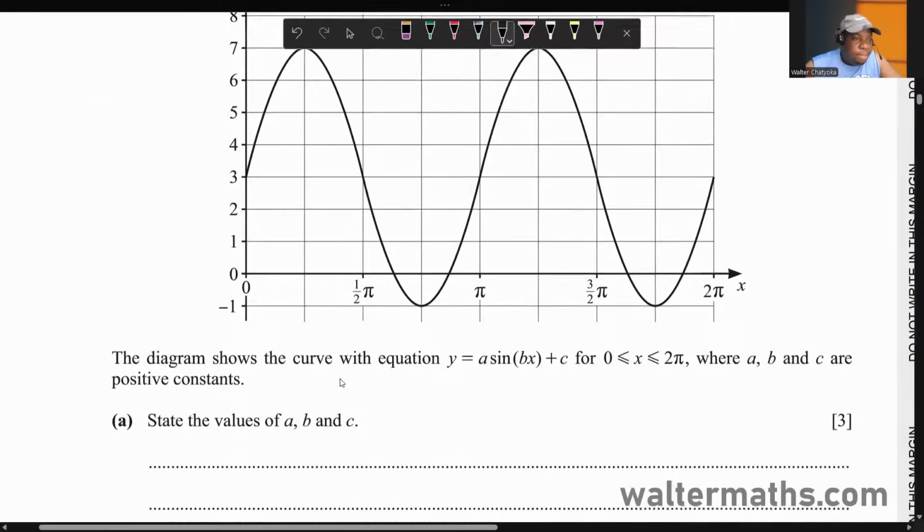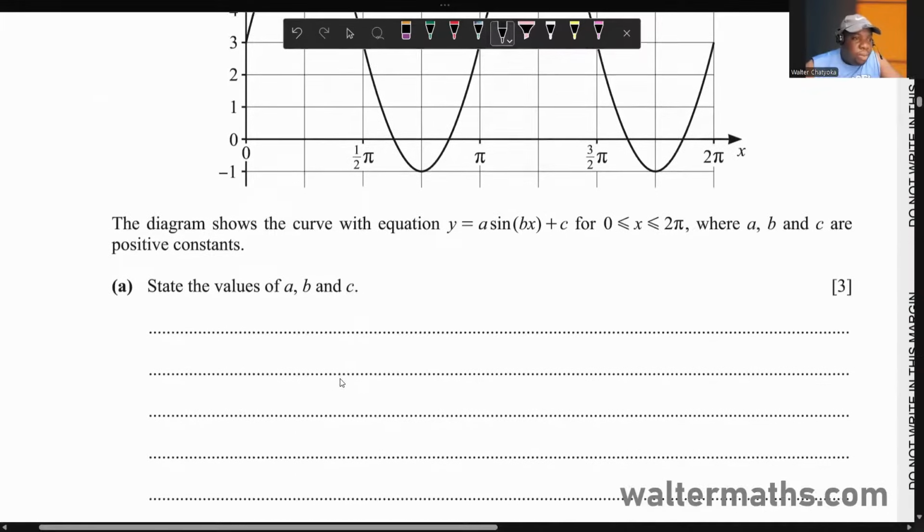All right. Okay, so let's consider the function f of x to be the function sine x. So we are taking this graph, which is shown above, to be a transformation of the original function sine x.